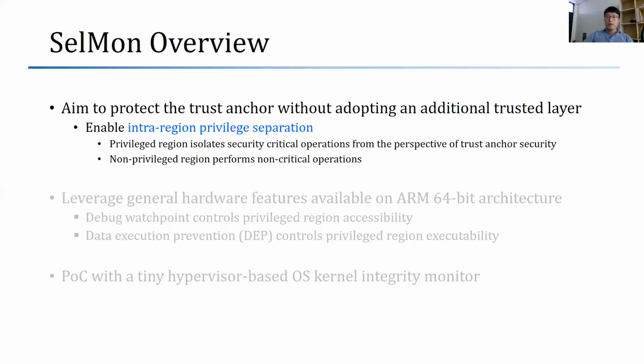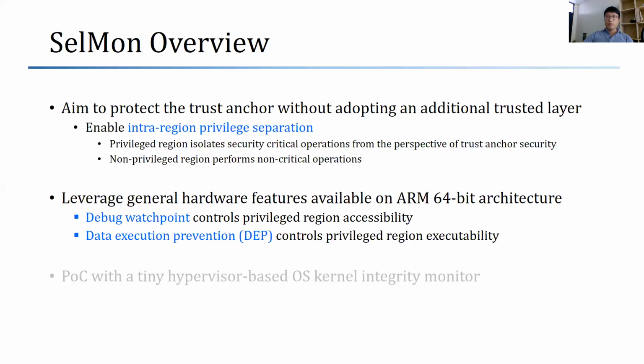In the privileged region, we place the critical operations and resources that can be abused by the attackers, such as page tables and instructions that manage system registers. On the other hand, the non-privileged region performs primary operations of a trust anchor, such as the OS kernel integrity protection that is not security critical in terms of preserving the trust anchor integrity.